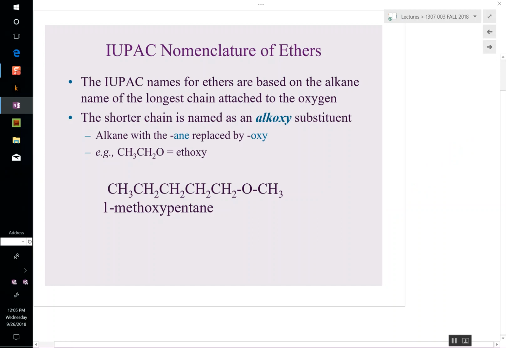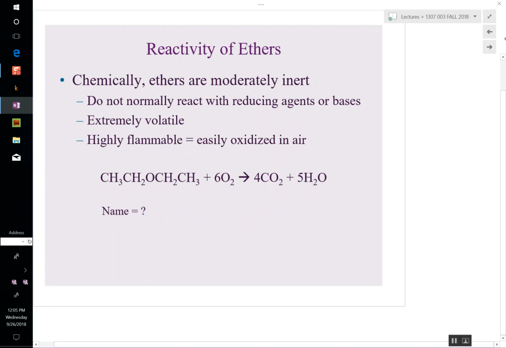5 after. Okay, you see here, here's 1-methoxypentane. Don't worry about burning ethers. They do burn.